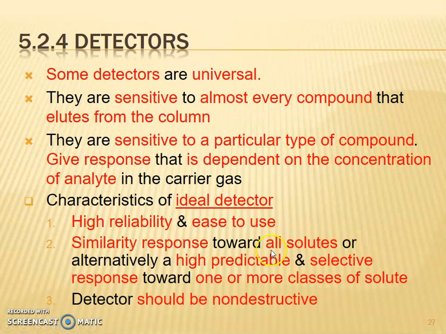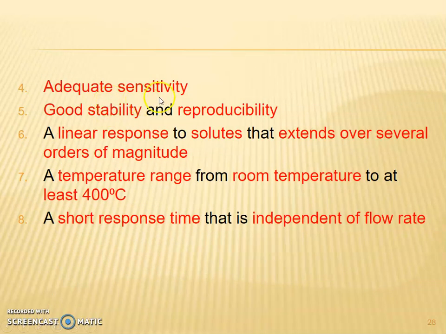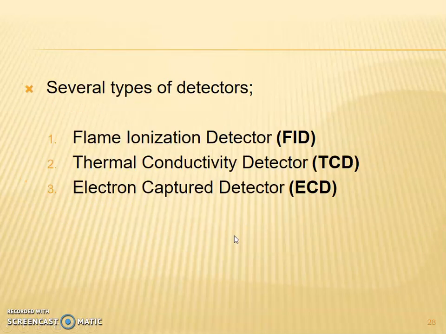Similar response towards all solutes, or alternatively a highly predictable and selective response toward one or more classes of solute. The detector should be non-destructive, with adequate sensitivity, good stability and reproducibility, a linear response to solute that extends over several orders of magnitude, a temperature range from room temperature to at least 400 degrees C, and a short response time that is independent of flow rate.